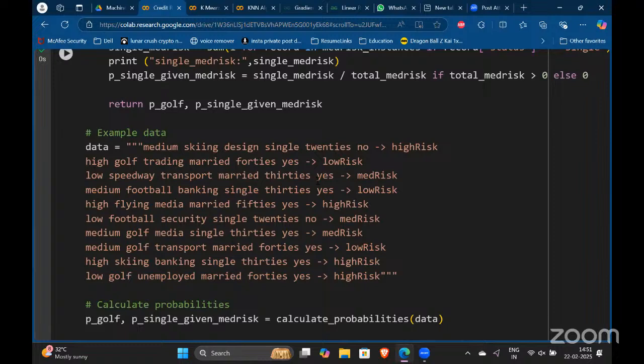Now we need to calculate P of A occurrence when B occurred, which is A being single at the same time as mid risk, meaning P of A intersection B by P of B, which equals 2 by the mid risk 3, which is close to 67%, approximately 67%.